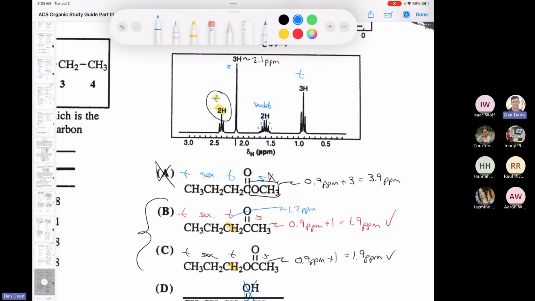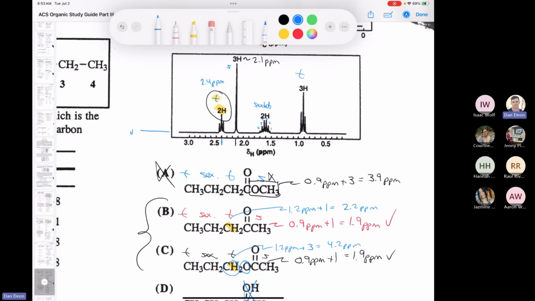And then it's next to a carbonyl, so we're going to add 1. That would give us 2.2 ppm, okay? This one is around 2.4 ppm. Then if we look at this one here, we'd say 1.2 ppm, and then you would add 3 because it's next to the oxygen of an ester, which would give us 4.2 ppm, which is way too high. 4.2 is like up here somewhere.